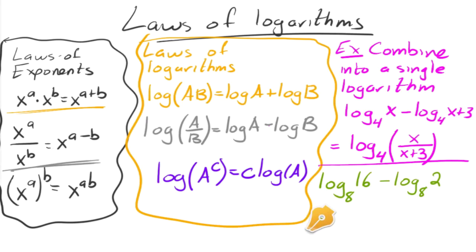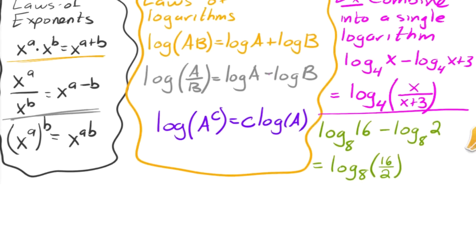Okay, so I can combine them into one log, log base 8 of 16 over 2, since subtraction combines into division. Which is the same as log base 8 of 8. And then log base 8 of 8, that's just equal to 1.